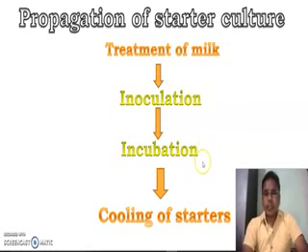Then it is incubated, whether for mesophilic or thermophilic bacteria. Their temperature is maintained, and they are kept at a particular time-temperature combination. And after the incubation period is over, it is cooled.